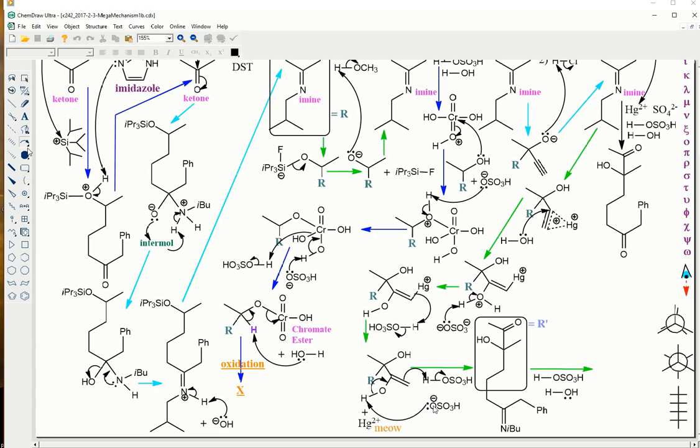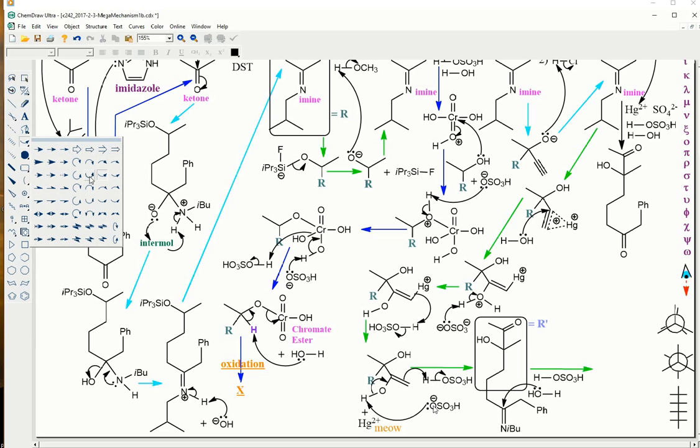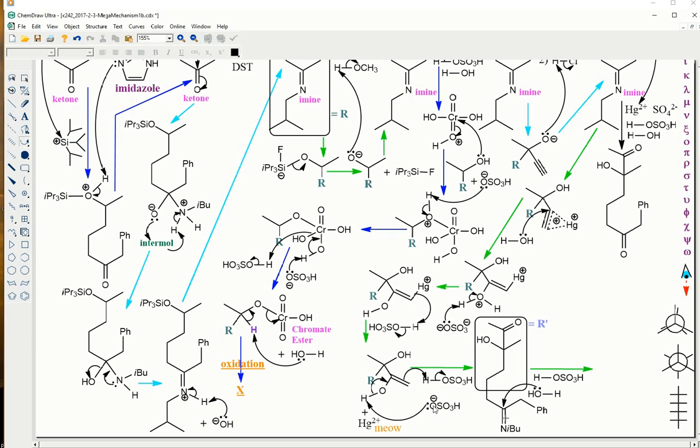Water is not that attracted to the C-double-N because it's not a very polar bond, but in the presence of a strong acid like sulfuric acid, which would protonate, this reaction occurs.